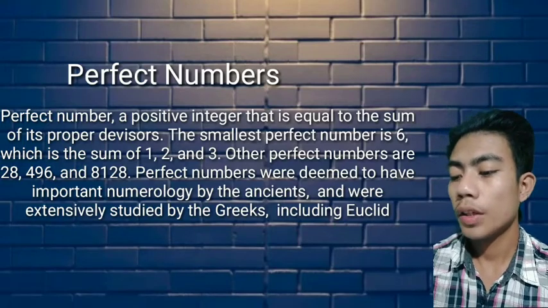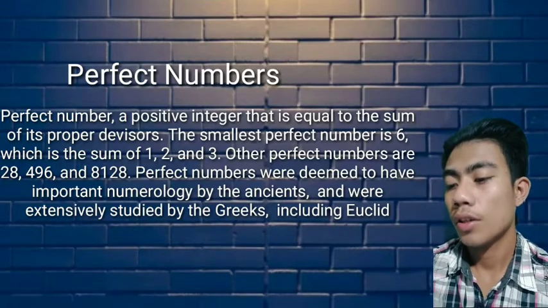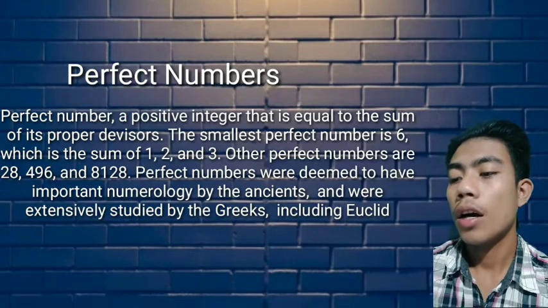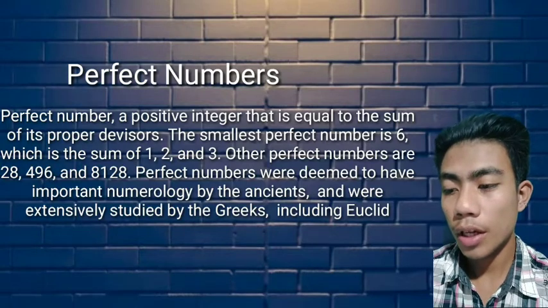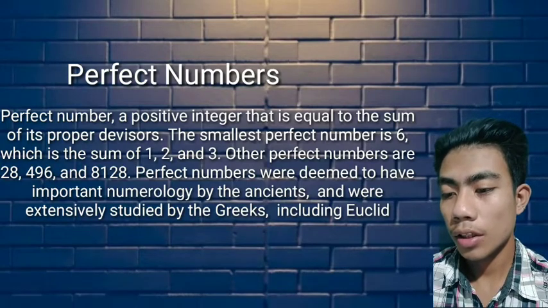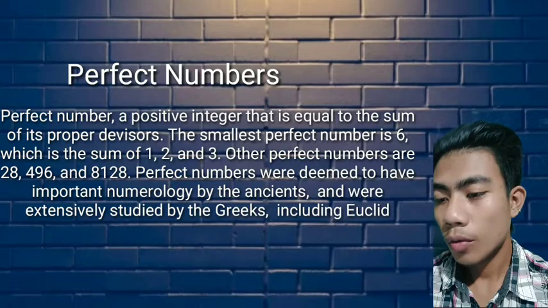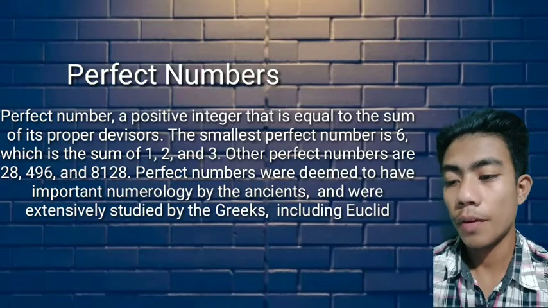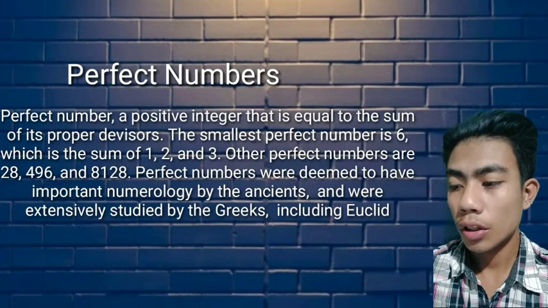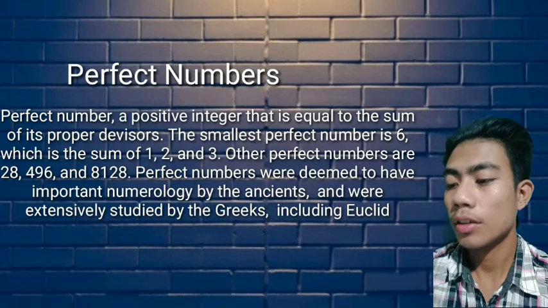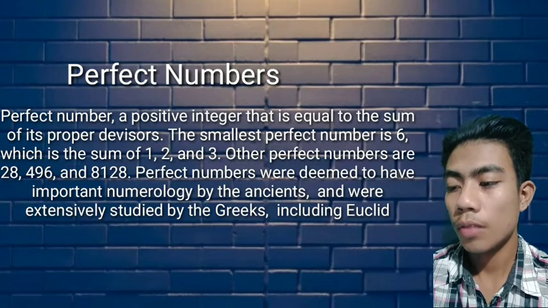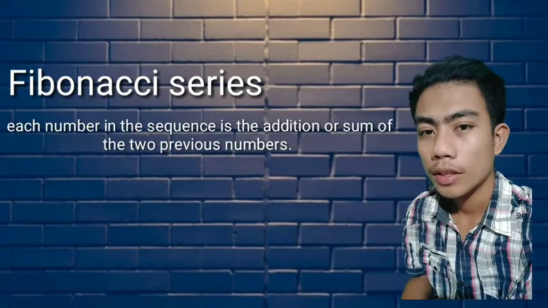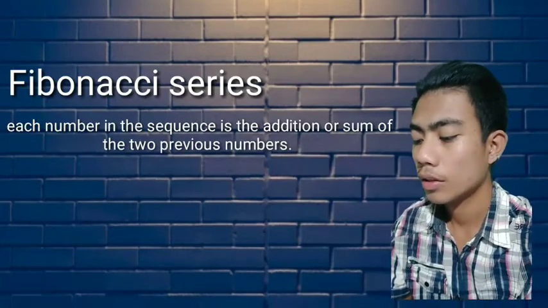The smallest perfect number is 6, which is the sum of 1, 2, and 3. Other perfect numbers are 28, 496, and 8128. Perfect numbers were deemed to have important numerology by the ancients, and were extensively studied by the Greeks, including Euclid.